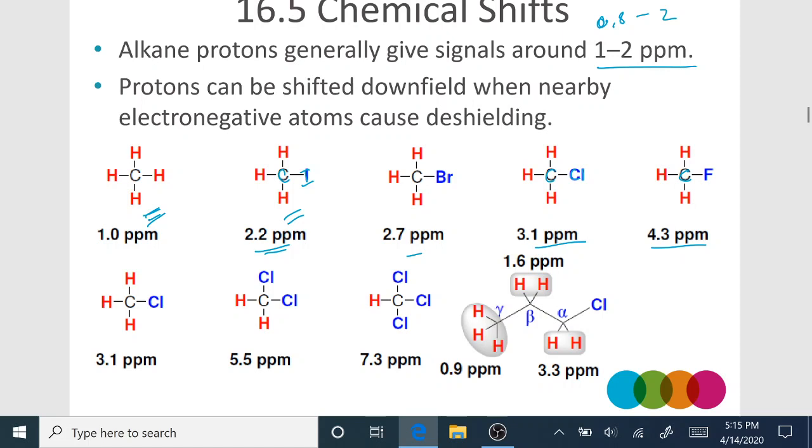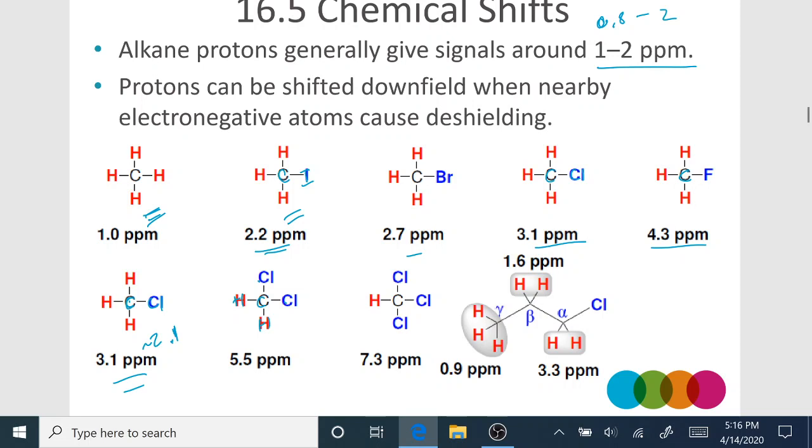So if we have a carbon bearing 1 chlorine, for example, we're going to see it at about 3.1. So we've added about 2.1 to those hydrogens that are attached to the carbon bearing the chlorine. Notice that if we put 2 chlorines on that carbon, then these hydrogens that are still attached, we only have 2 of them now, are going to be at about 5.5.